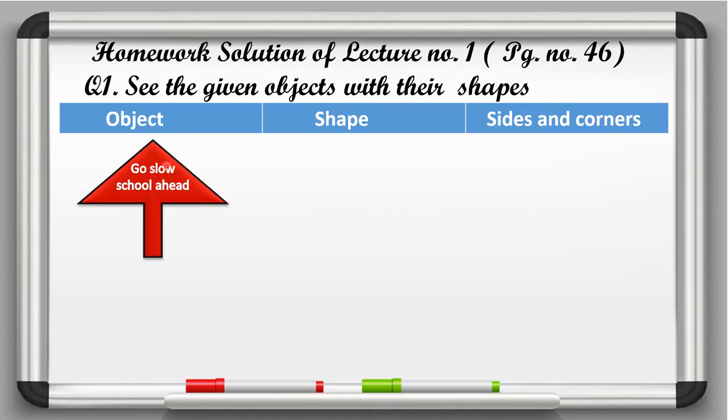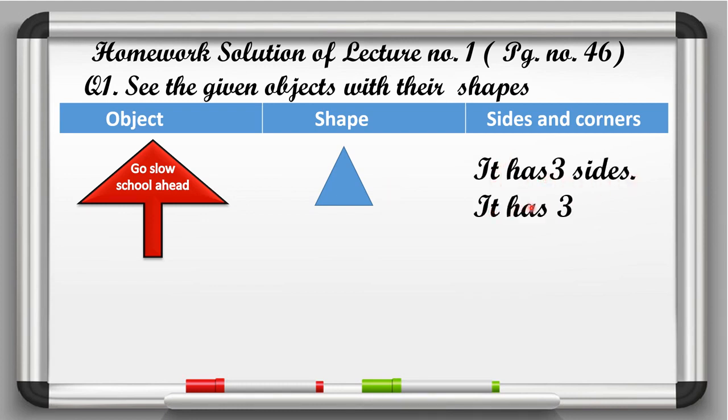So here in the first one, a signal is given, and the shape is triangle. This object's shape is triangle, and it has 3 sides and 3 corners. And what is the name of this shape? That is triangle. You need to write the correct spelling.